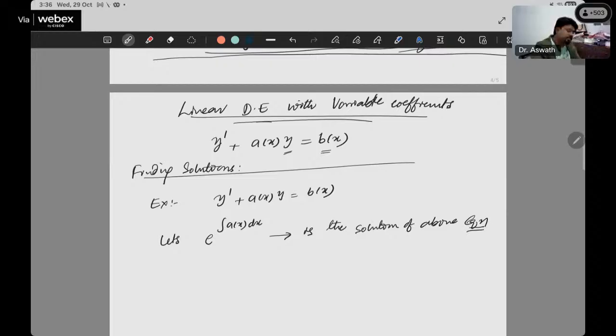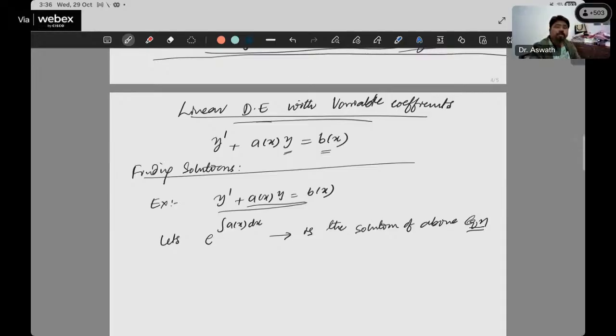How did I get this? As we see, if there is a constant coefficient, I simply have exponential of some mx as a solution. But here I have a variable coefficient, so instead of m, I will take a variable, and I'll also add the integration. When I compare with the equation I have, I can find what a(x) will be.